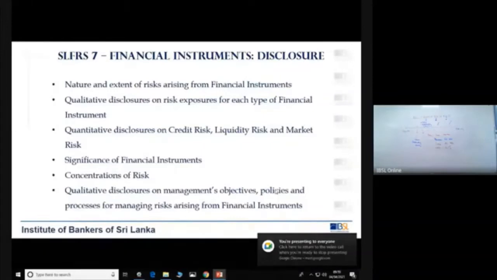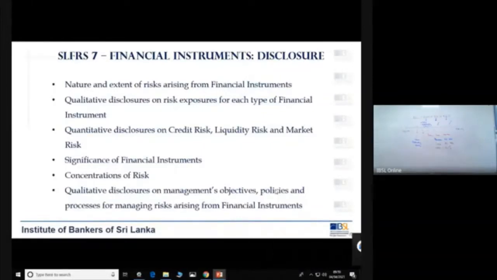Now we have been talking about SLFRS 9, which is about financial instruments, but the connected standard is SLFRS 7, which is on financial instruments disclosure. So when you look at the financial statements of companies, especially the banks, they need to provide all this information. Okay.